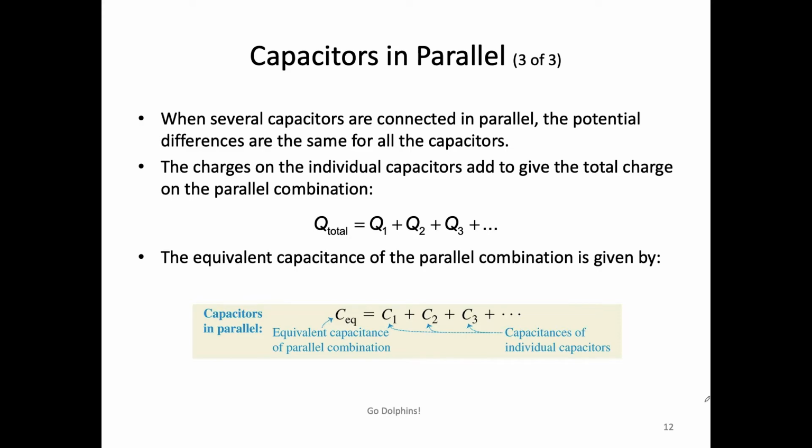So if you put two capacitors in parallel, the equivalent capacitance is just the sum of these two. If you have more than two in parallel, you just need to add the additional capacitance.